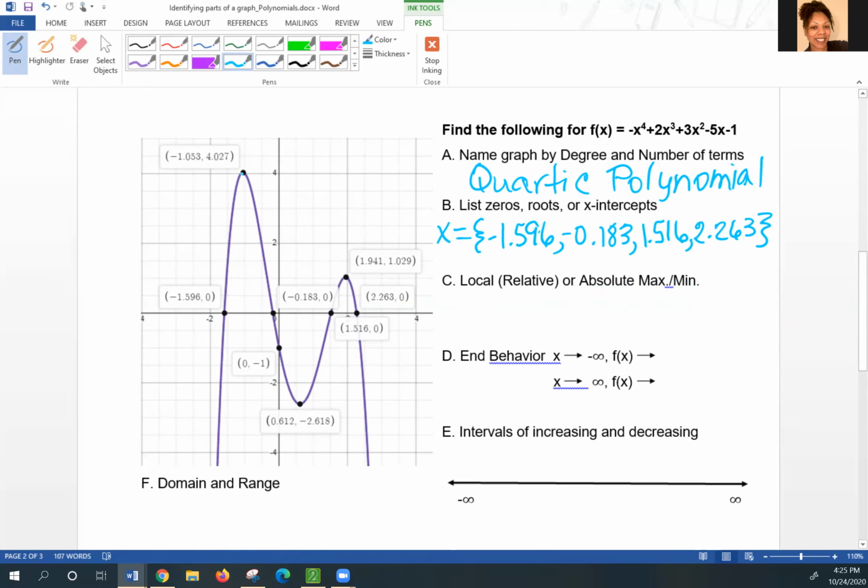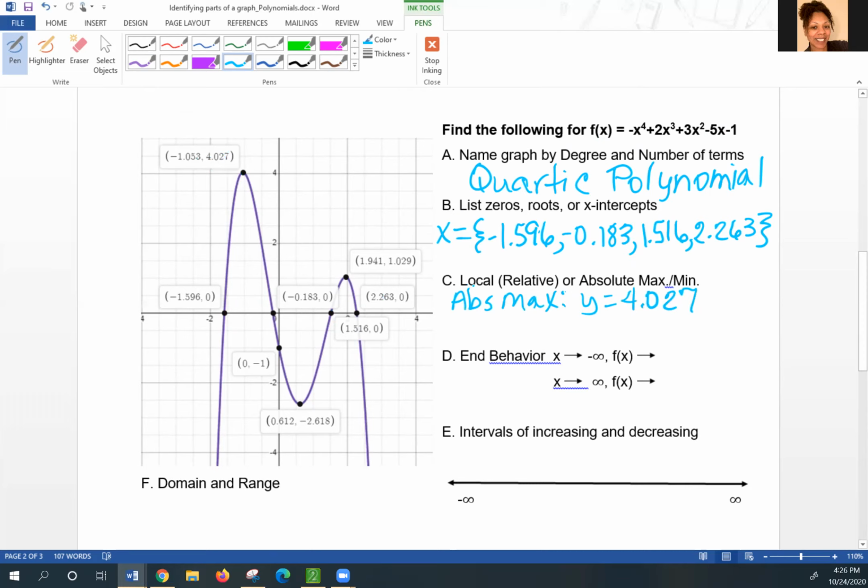The highest that this graph goes is 4.027, so that's my absolute max. Some teachers want both coordinates, I just want the y value, where y is equal to 4.027.